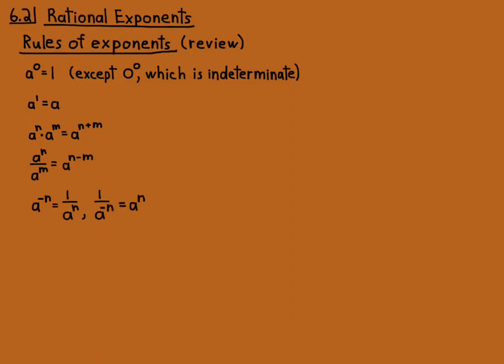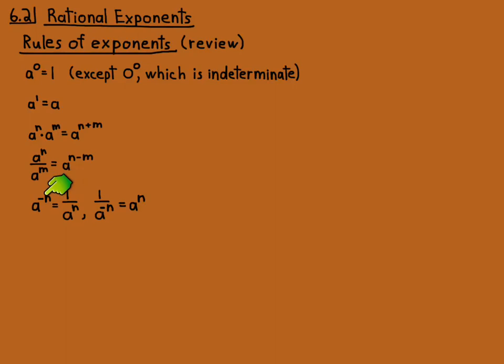Okay, A to the minus n is 1 over A to the n, and 1 over A to the minus n is A to the n. So if you look at that carefully, you'll see that what it's saying is basically if you move A to the n from the denominator to the numerator, that's this first one, right?